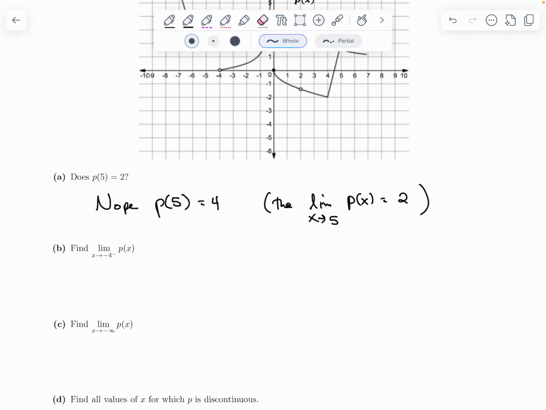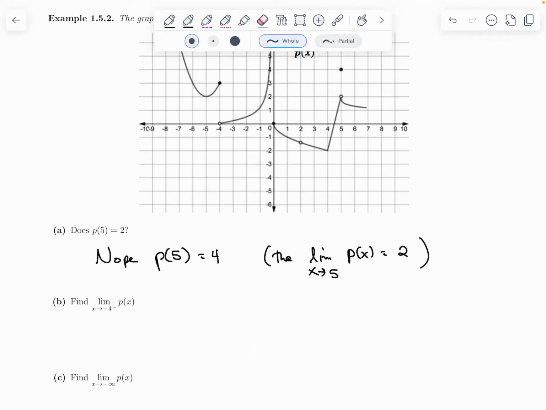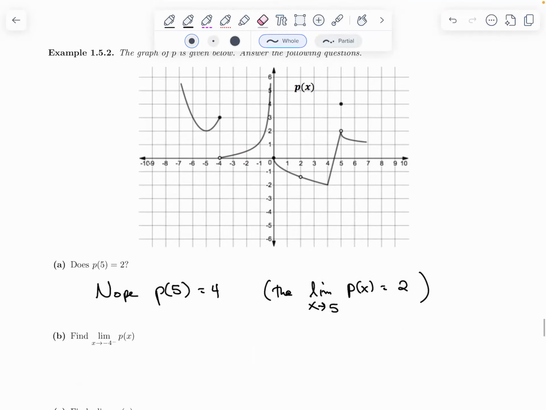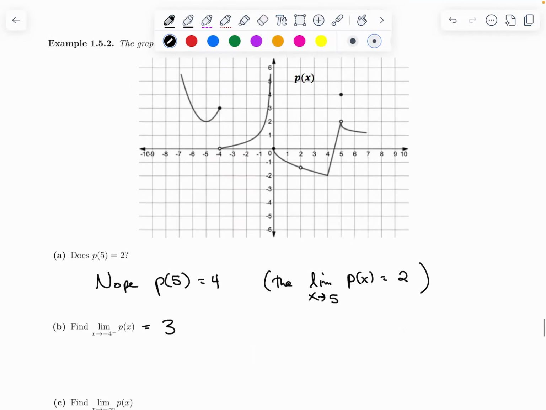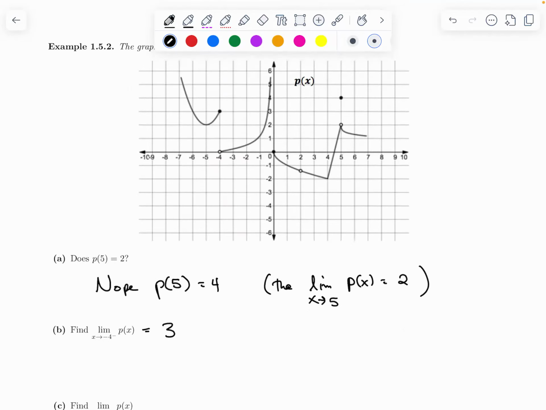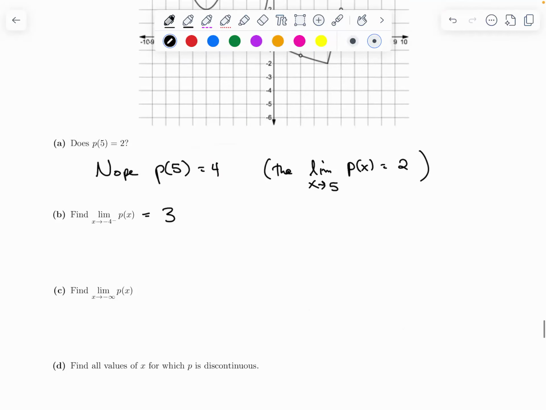So that means that P is not continuous at 5. Then we have the limit as x approaches -4 from the left, which would be 3. That's right. 3. And then the limit as x approaches -infinity is, if we keep going up and up and up indefinitely, it goes to positive infinity.